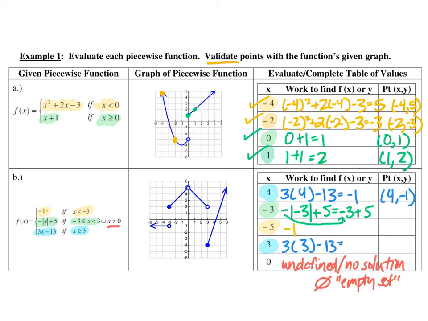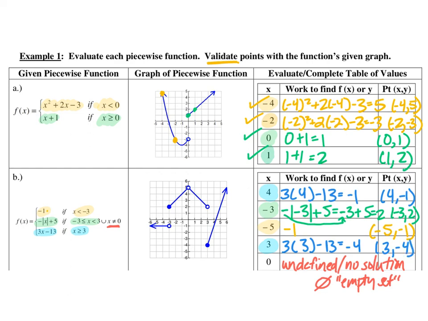Negative 3 plus 5 is 2. So our input was negative 3 and our output is 2. For the next one, our input was negative 5 and our output was automatically negative 1. And then for the last one, 3 times 3 is 9, minus 13 is negative 4. So our input is 3, our output's negative 4.